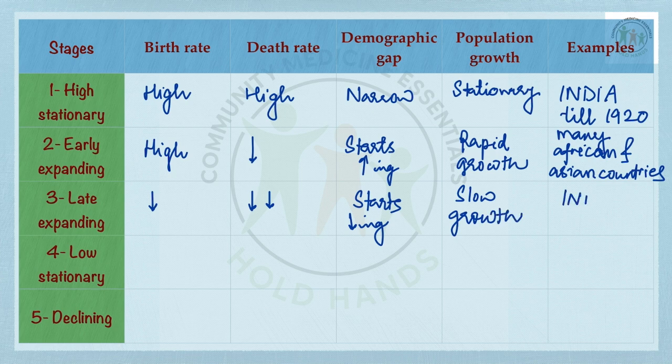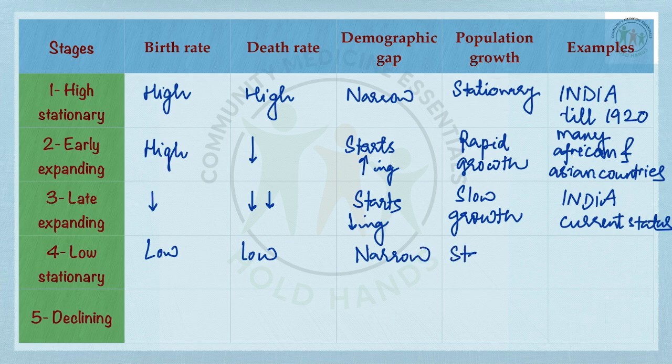India is currently in stage 3, late expanding stage. Next is stage 4, that is low stationary stage. Here both birth rate and death rate are low. So again here demographic gap is narrow.